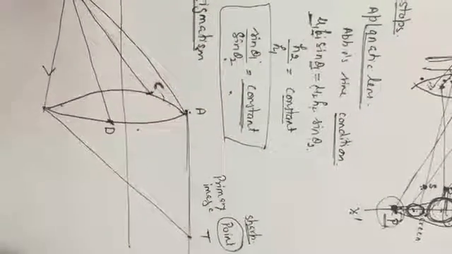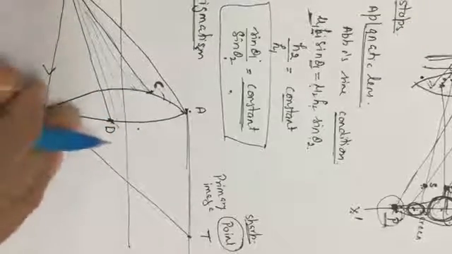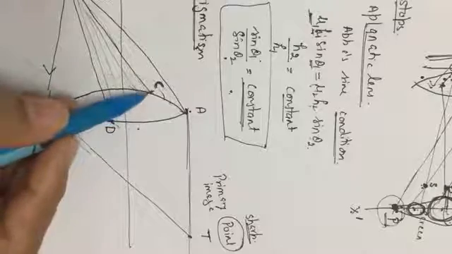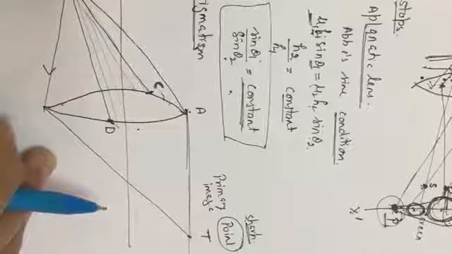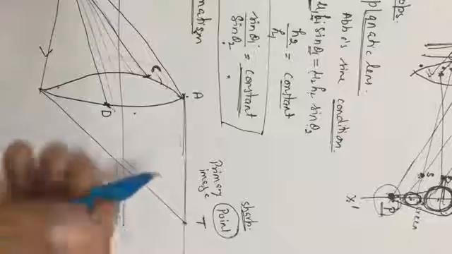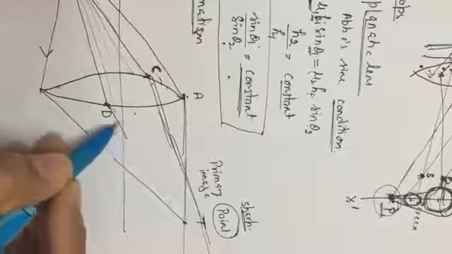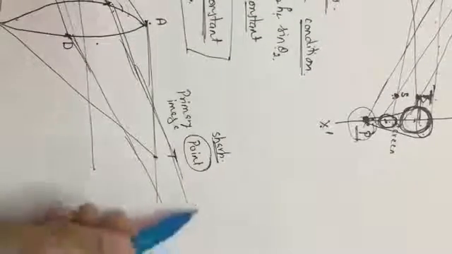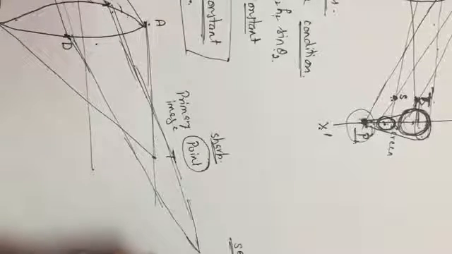But as we are seeing, the rays are coming at different points on the lens also, and if we consider the points C and D, we will find that these rays which are coming from C and D will meet at a point far away from T, and let us consider they are meeting at point S. It means we are again getting a secondary image.